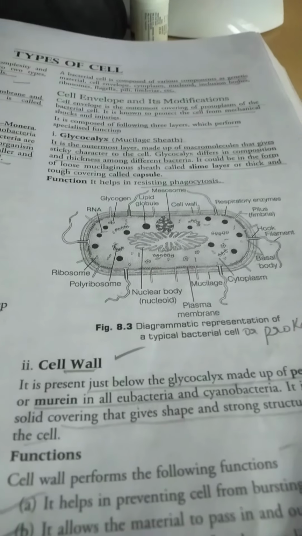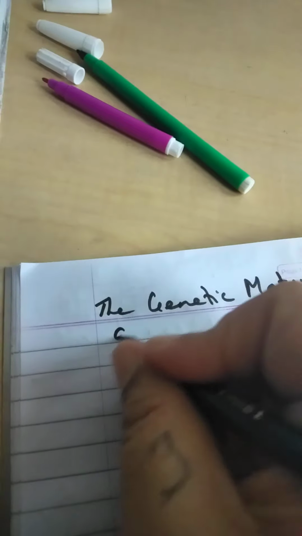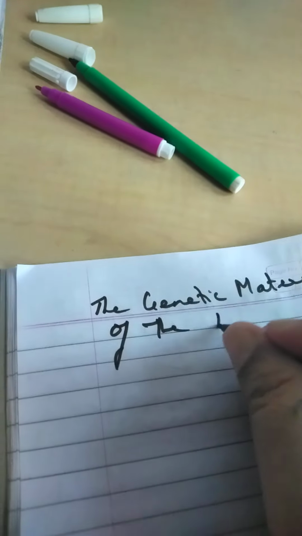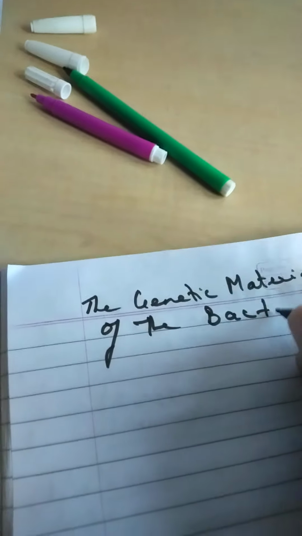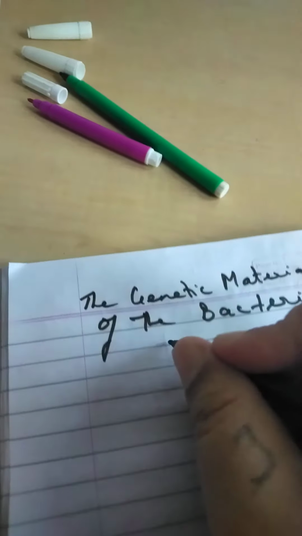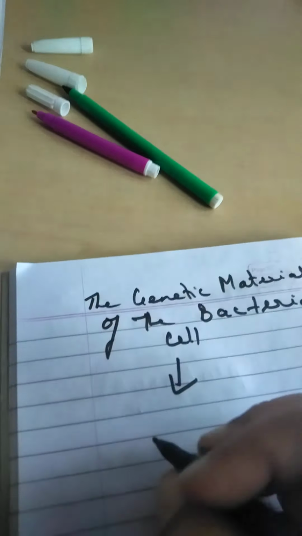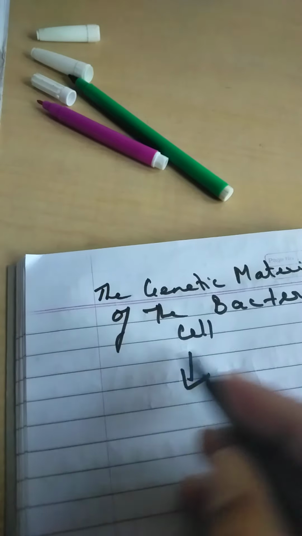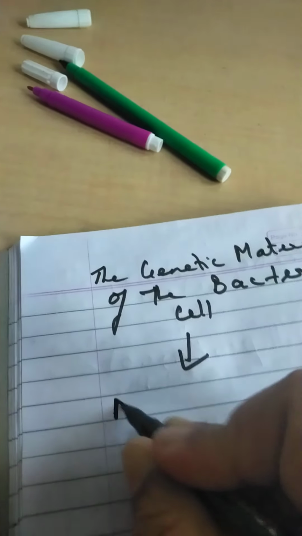We will continue further. As we know, the genetic material of the bacterial cell is called the nucleoid.